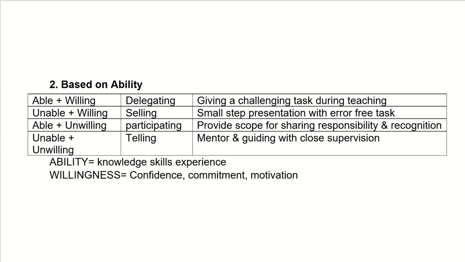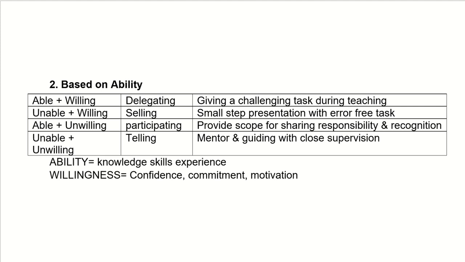Willingness here is confidence, commitment, and motivation. So please remember this. We have to learn this table as it is, okay? We don't have to do something here and there. So able plus willing is delegating, and we can associate a challenging task.